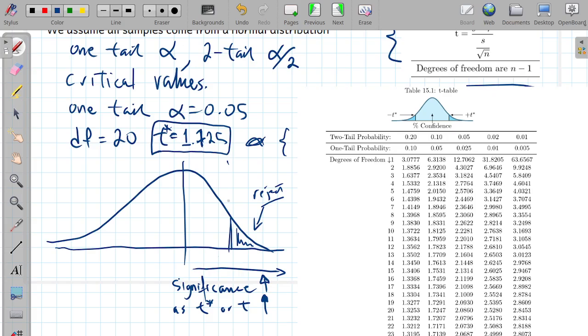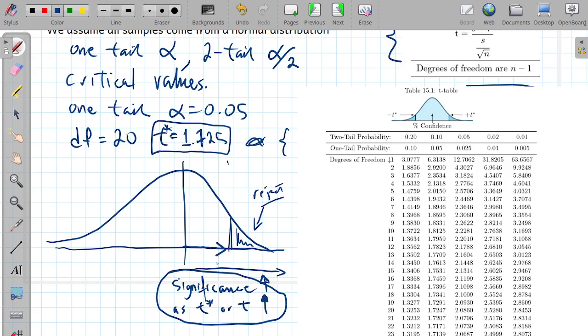That's reverse from p-values, where you're less than or equal to. For critical values, you are greater than or equal to. Significance increases as the test statistic increases, because you're further and further away from center.